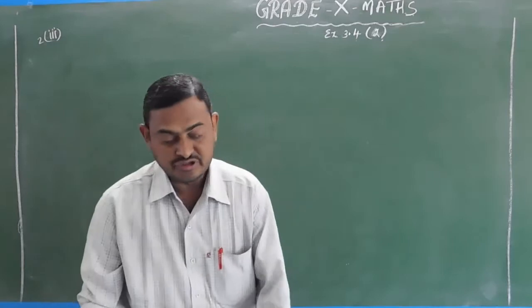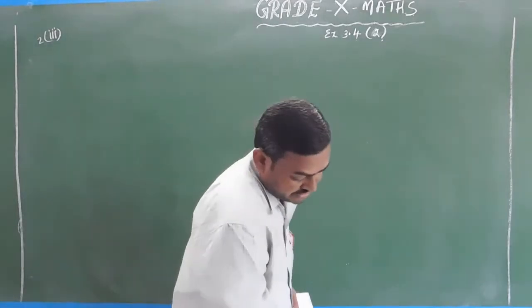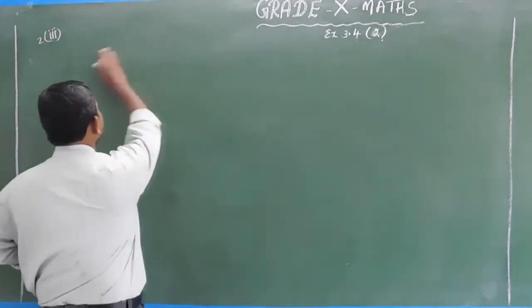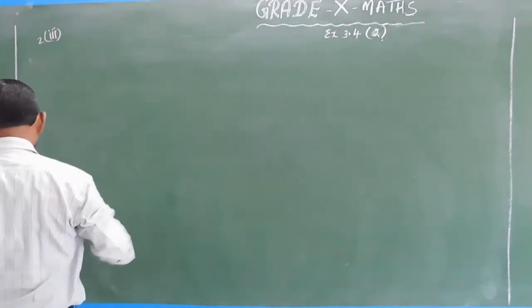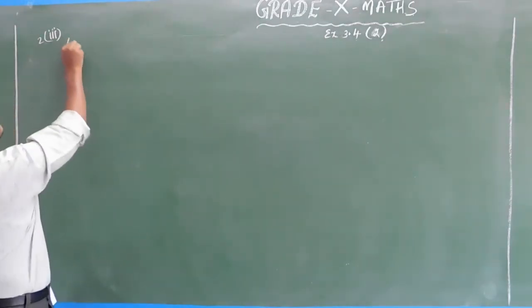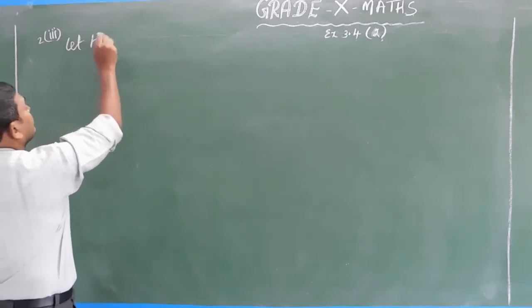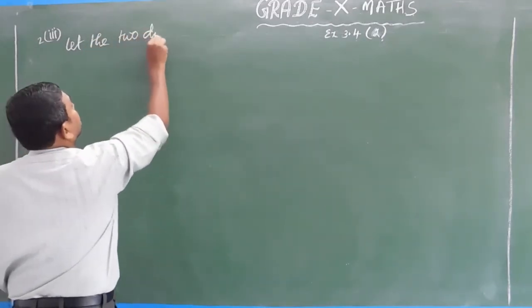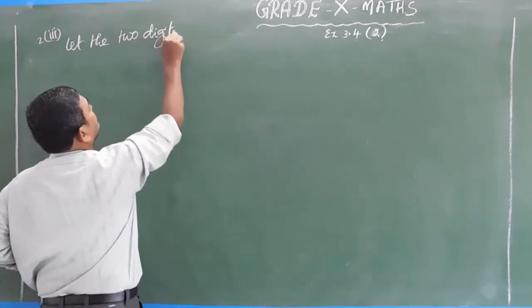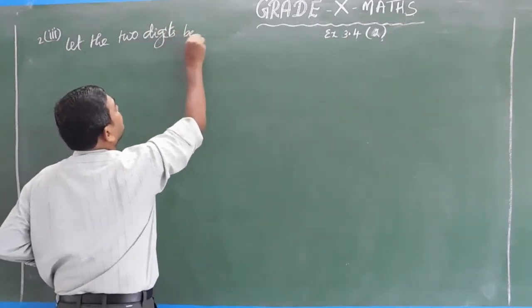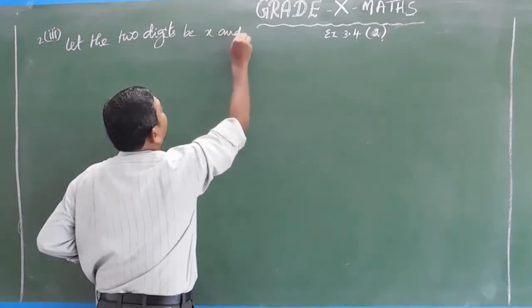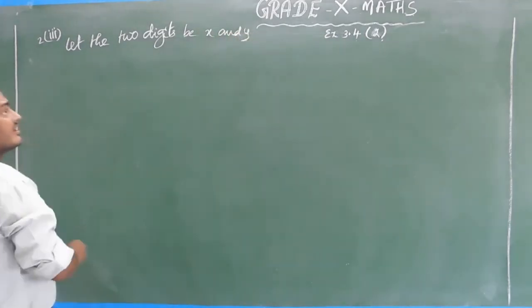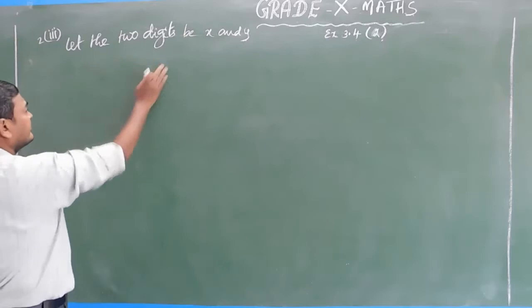Now come to the question. So third question, two-digit number. First, what is given? Variable selection. Let the two digits be x and y.